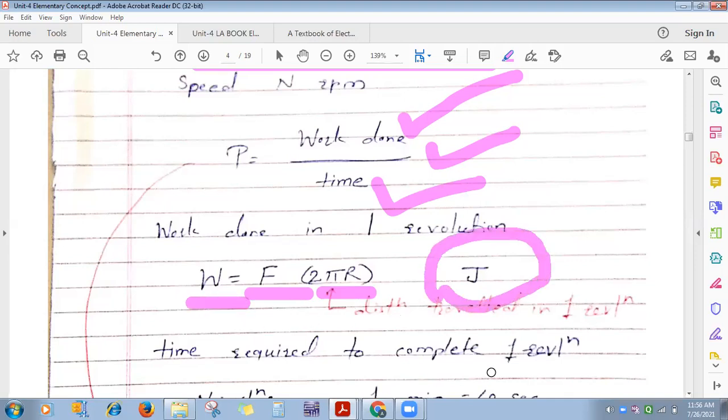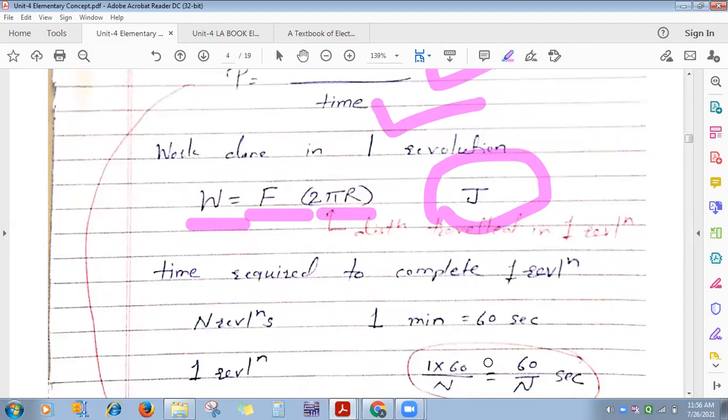Unit is joule. And how much will be the time taken for 1 revolution? We know its speed is N RPM, means N number of revolutions that pulley is going to complete in 1 minute. So 1 minute is equal to 60 seconds.